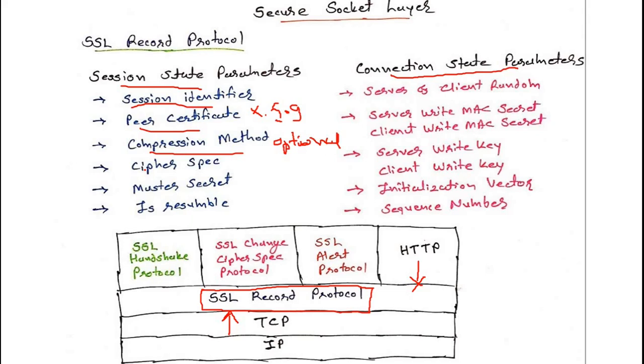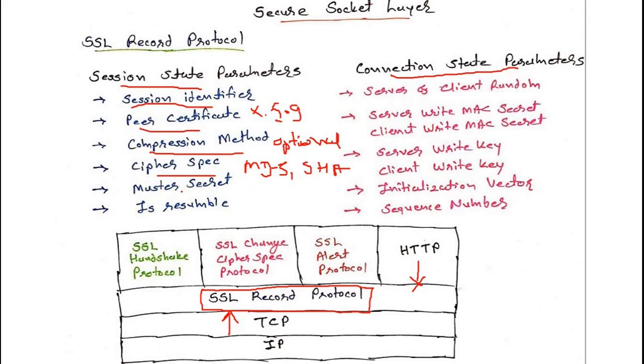Then there is the cipher spec. It specifies the bulk data encryption algorithm. Like the various encryption algorithms we have discussed, such as MD5 and SHA. So whatever algorithm we are going to use, we have to mention here.